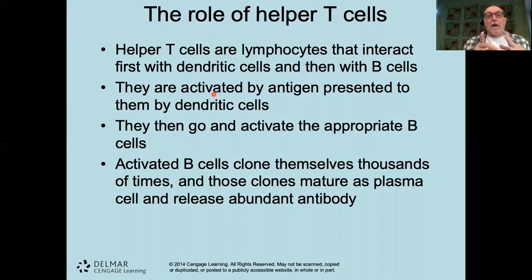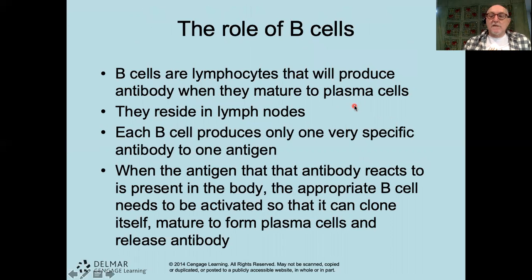I will just tell you one other thing. That is, when this response is going on, once the dendritic cells and the macrophages and everything realize that there is an infection, and they get the immune system to start responding, they release a tremendous number of immune hormones, which do two things.